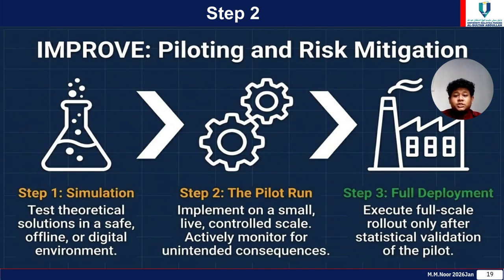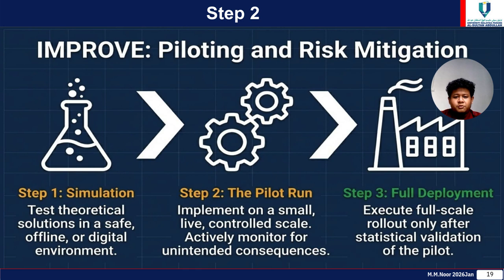Step 2 is structured risk mitigation, executed in 3 rigorous steps. Step 1 is simulation. Before spending capital, we test theoretical solutions in a safe, offline, or digital sandbox environment. Step 2 is the pilot run. We implement our refined solution on a small, live, highly controlled scale.